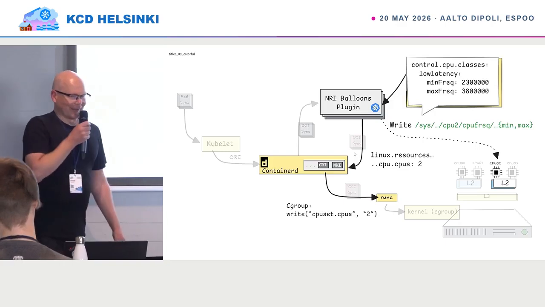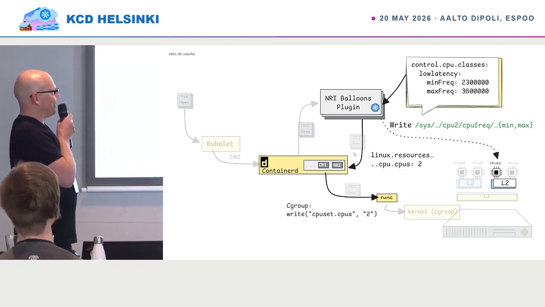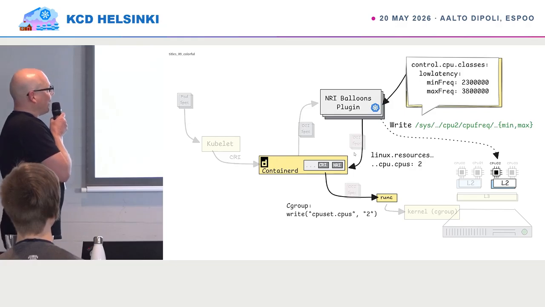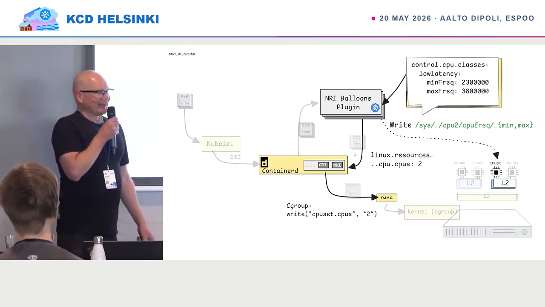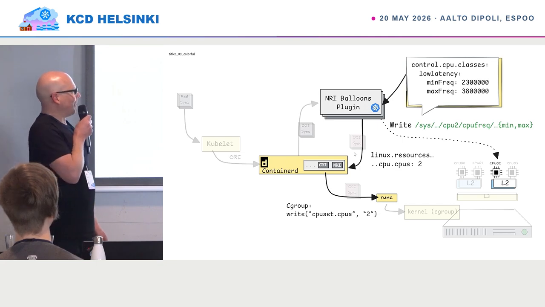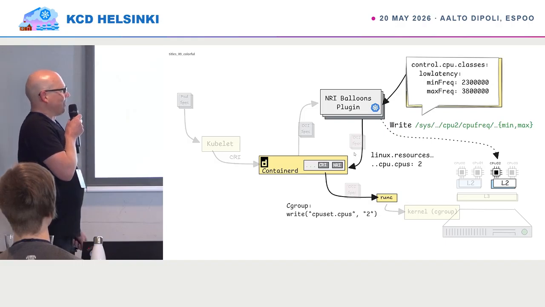Here I should also mention these power saving states. There is a CPU idle entry in sysfs where you can enable and disable power saving for each CPU. And as Feruz mentioned, there are actually several levels of these power saving states.